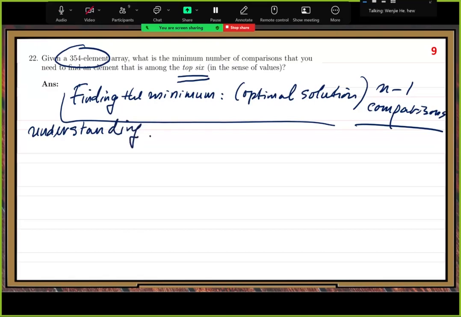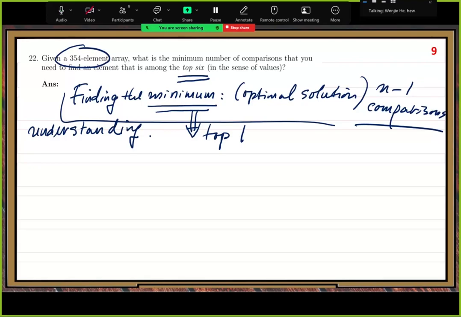How do you connect? Actually, these 2 questions are closely related. What's the minimum? Minimum means top 1, the bottom one.